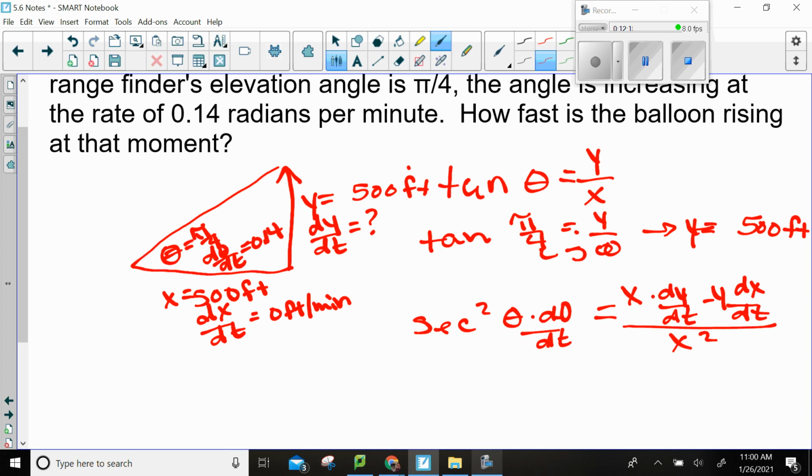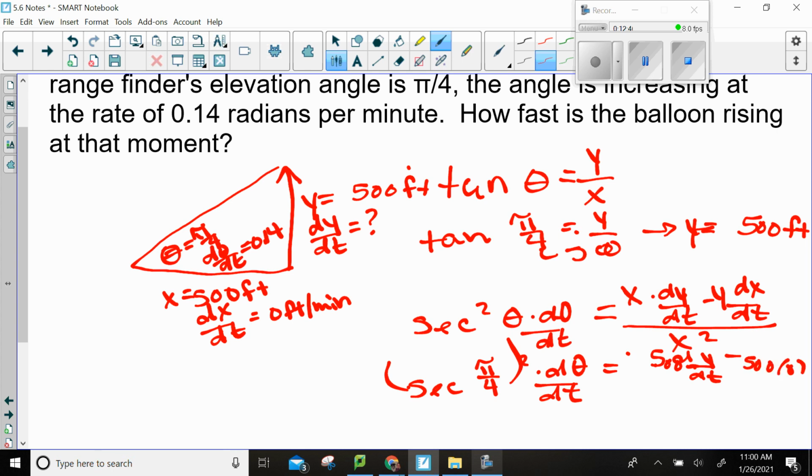Okay, so secant squared of pi over 4, taking this whole thing, equals, we know x is 500 and dy/dt is how fast, that's what we're looking for, minus y, which is 500, times dx/dt, which is not changing. And then on the bottom, we have 500 squared.